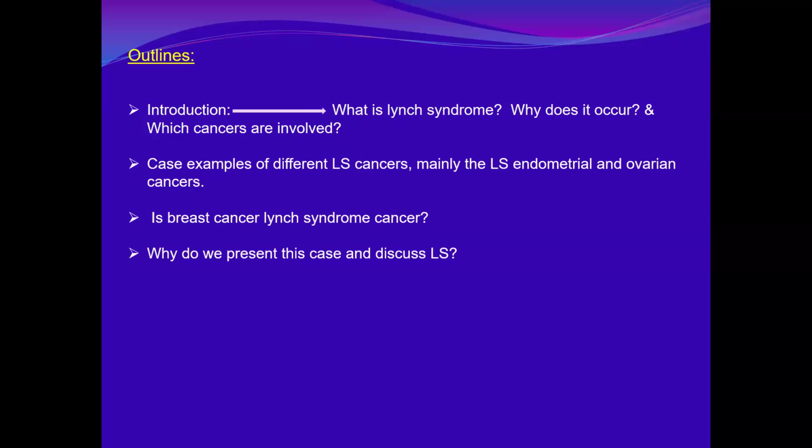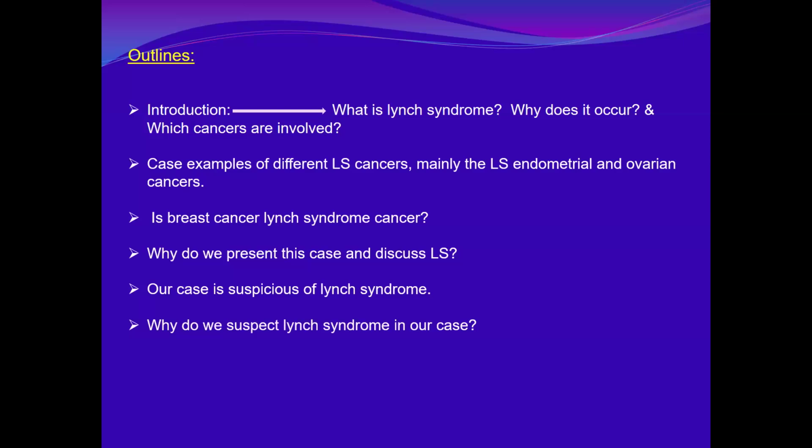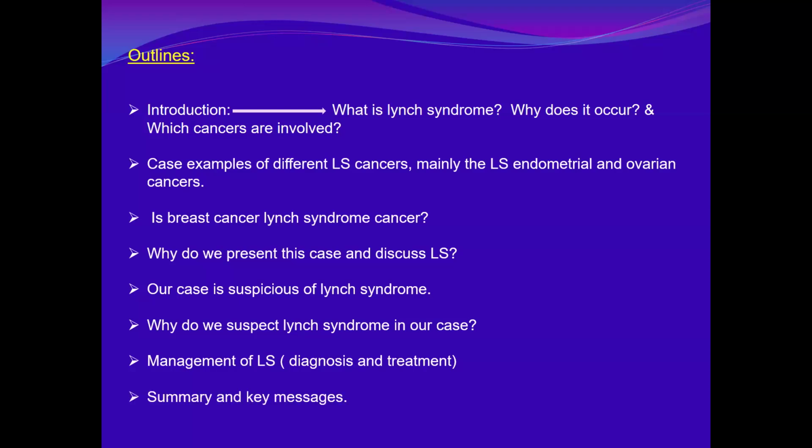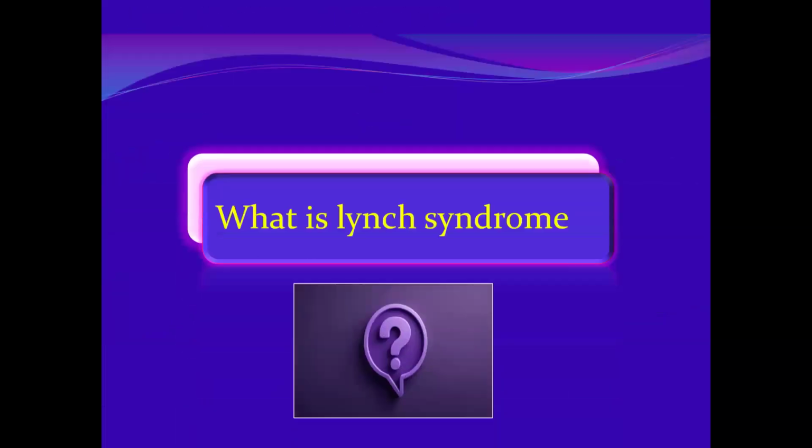Why do we present this case and discuss Lynch syndrome? Our case is suspicious of Lynch syndrome. Why do we suspect Lynch syndrome in our case? Then management of Lynch syndrome, including diagnosis and treatment, and then summary and key messages.